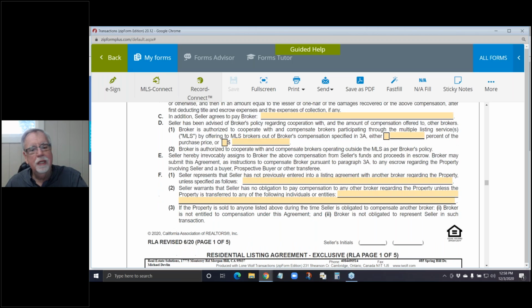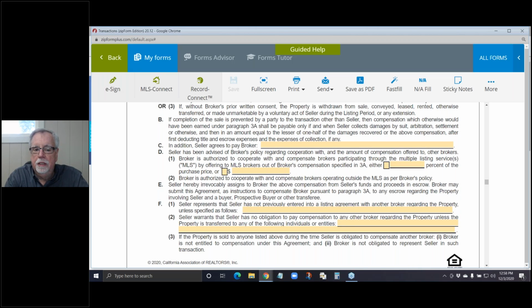This requires a little bit of thought, because what paragraph D is getting at is that this property is probably going to go into the multiple listing service, right? Probably. And it says that broker is authorized to cooperate with and compensate brokers participating through the multiple listing service by offering them compensation specified in 3A, either or.